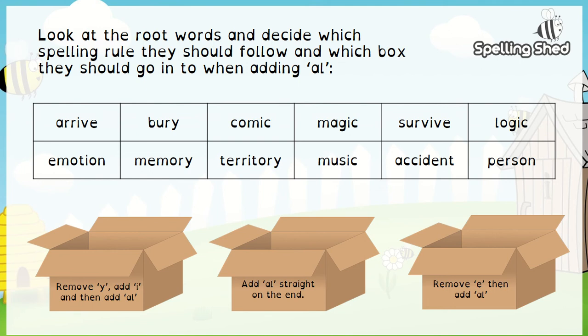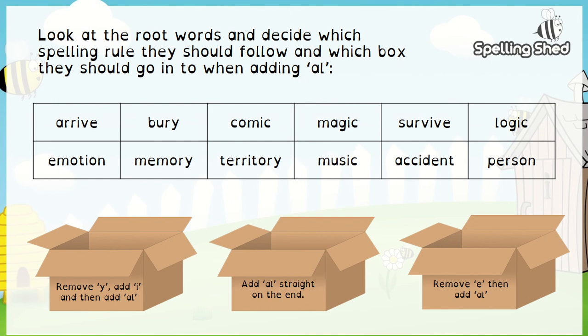So, for example, those that end in a Y, if we look in this first box here, we need to take that Y away, add an I instead to make that E sound, and then add AL at the end. Some of our words, we just add AL straight onto the end, and others of our words, where the root word ends in an E, we remove the E and then add AL.